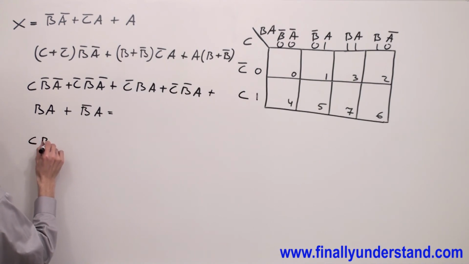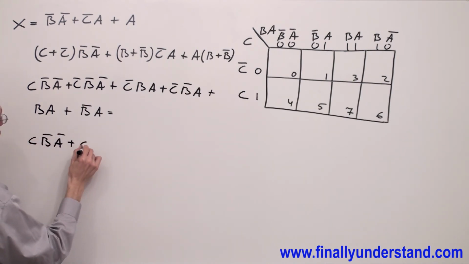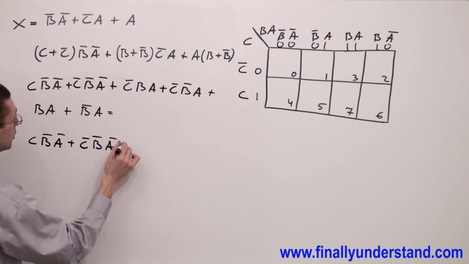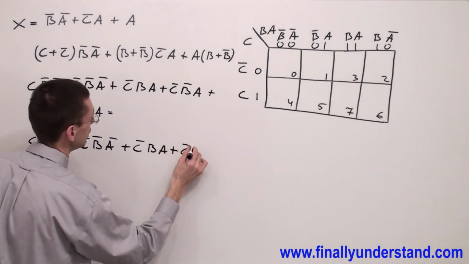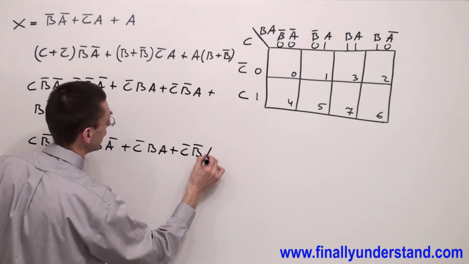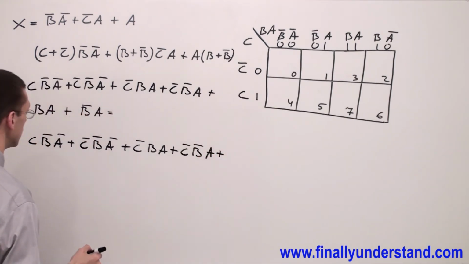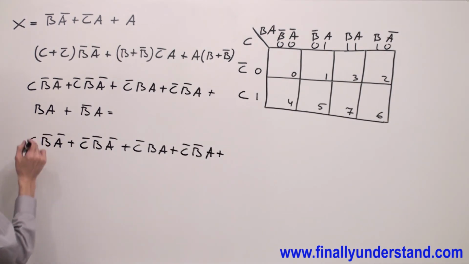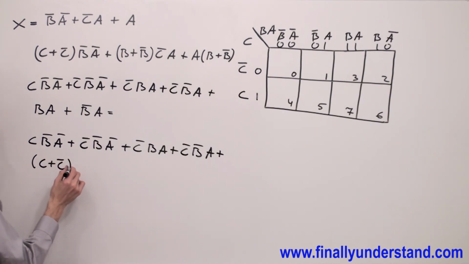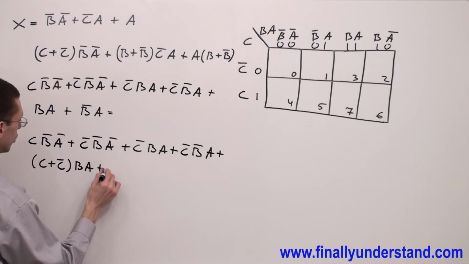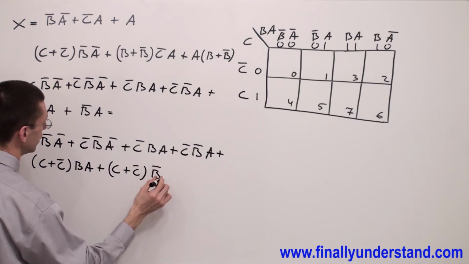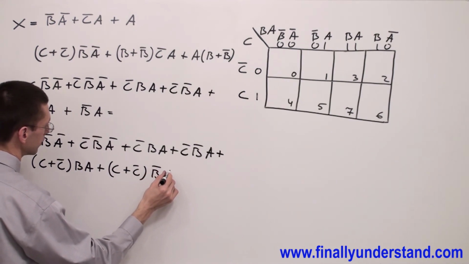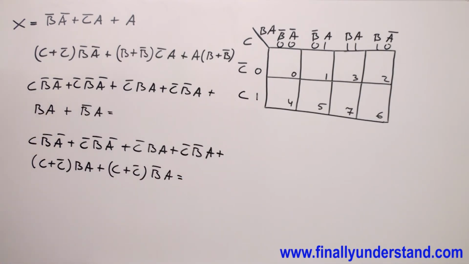So I have C, B naught, A naught plus C naught, B naught, A naught, or C naught, B A, or C naught, B naught, A, or, and I have BA and missing C, that's why I'm going to write C or C naught, and I have BA or C naught, and I have B naught A. Again, I want to do everything step by step.